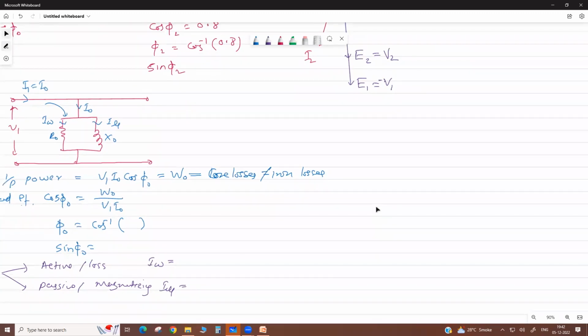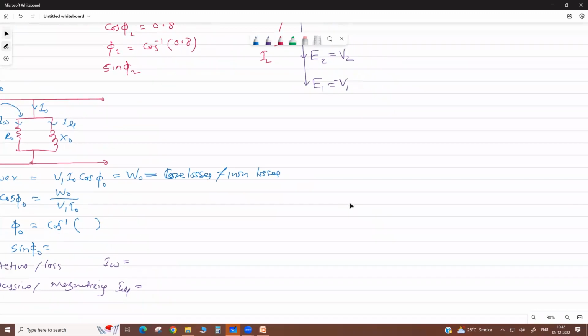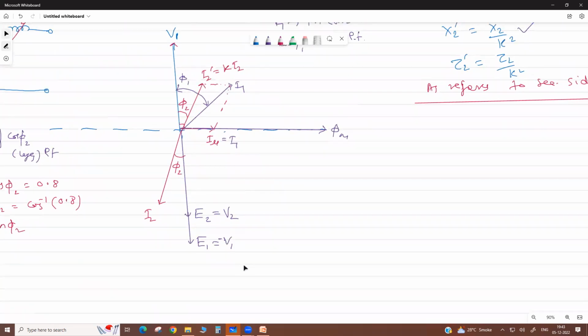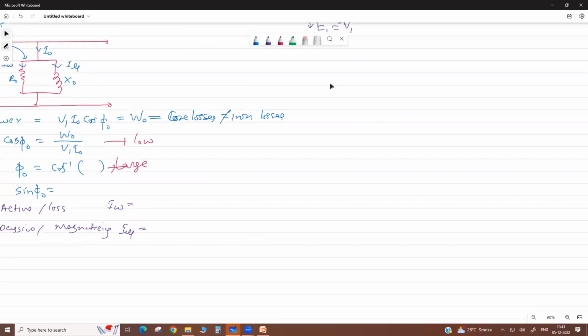So in this case, at no load, the power factor of the transformer is highly inductive, which means the power factor is very low. Then the angle is large. If power factor is low, the angle is large. So my dear, in this diagram, if you draw for this, again assume a vertical axis.